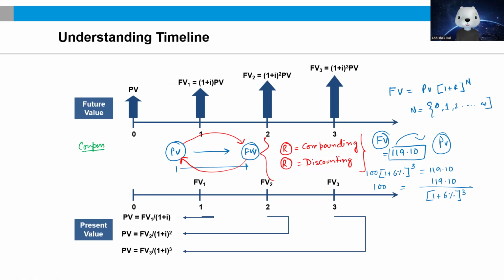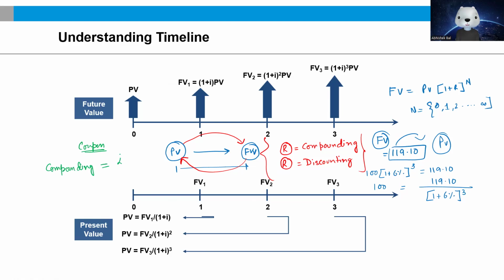Okay, in principle at least. However, when there is risk attached to a security, which means now we are talking about an investment instrument that is something other than deemed to be safe, in that case, the compounding and the discounting rate may not be the same.